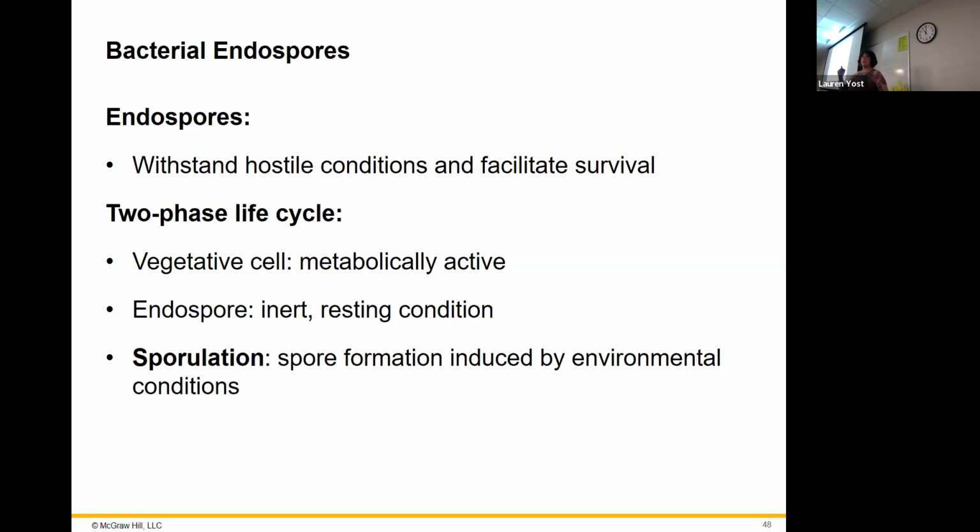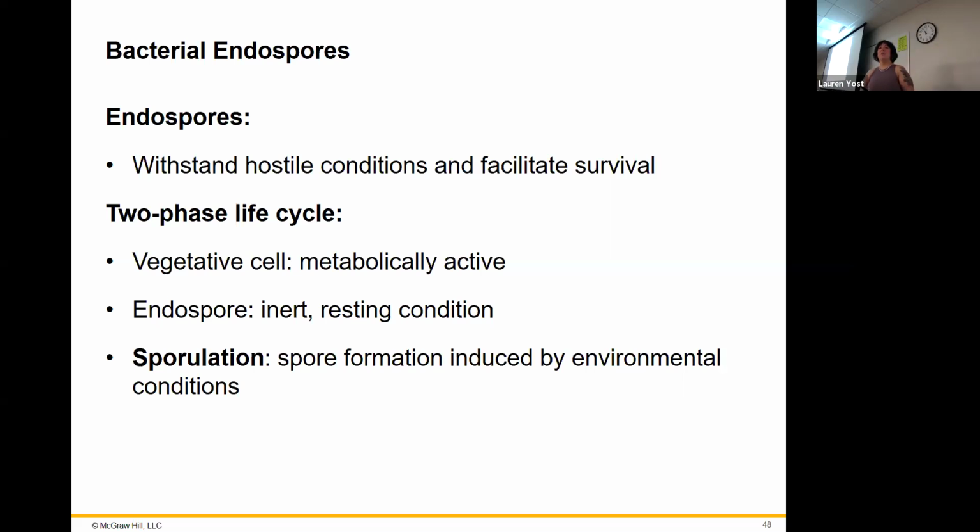It's important that you remember the difference between endospores that bacteria make, spores that fungi make, and cysts that protozoa make, because they're different, okay? We'll get to those next chapter, on Wednesday.